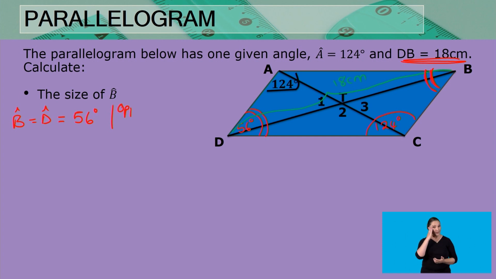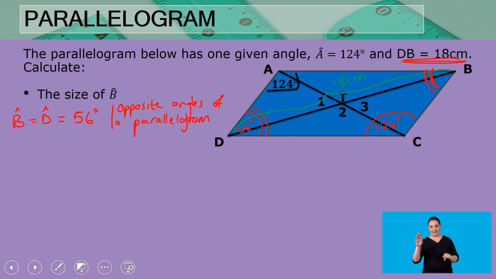And this is because they are opposite angles of a parallelogram. So angle B is equal to 56 degrees.